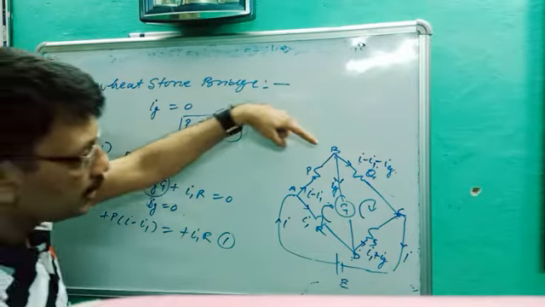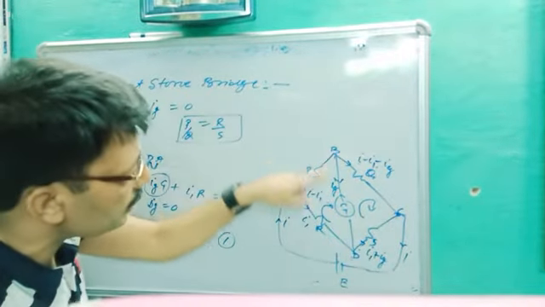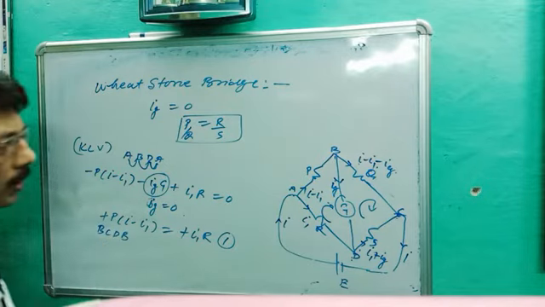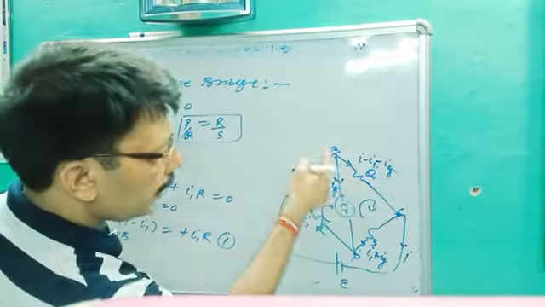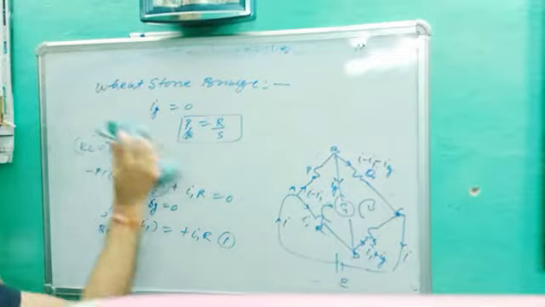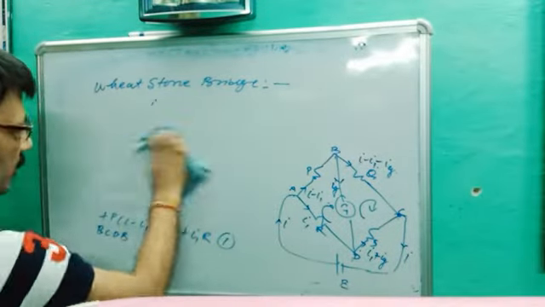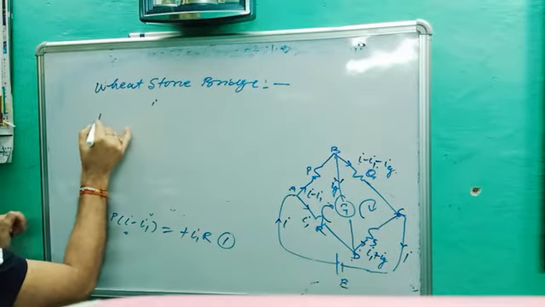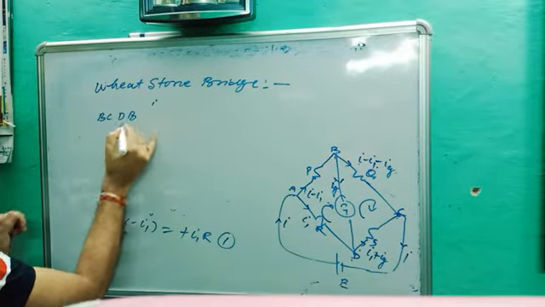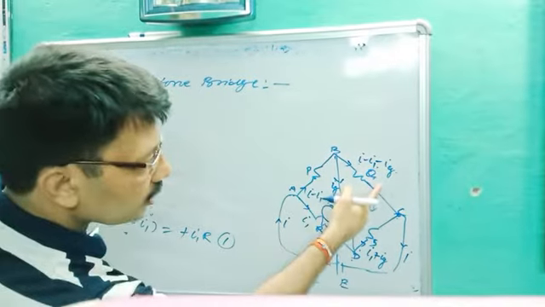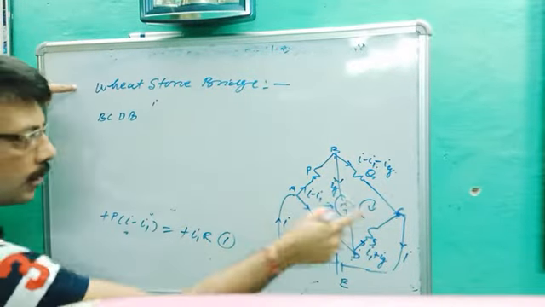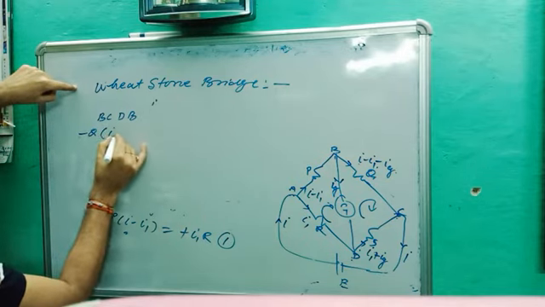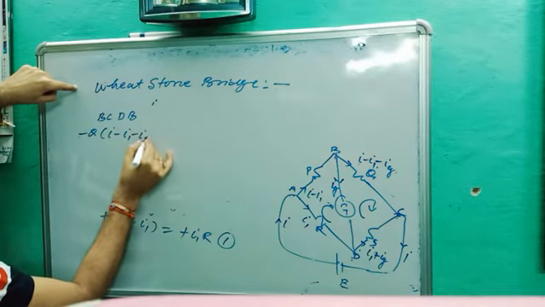And the loop, let's suppose, is B, C, D, B. Equation first is over. Now we are taking equation second. The loop is B, C, D, B. B to C: resistance is Q and current is I minus I1 minus Ig, and you are moving in the direction, so it will be minus Q(I minus I1 minus Ig).